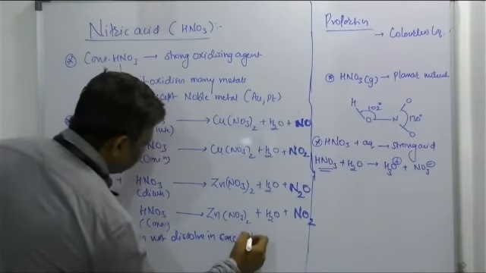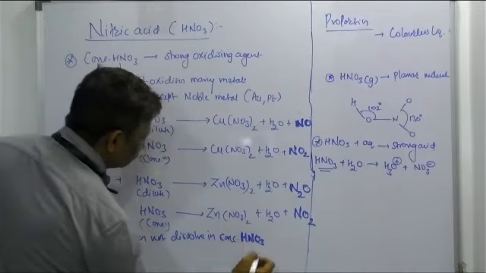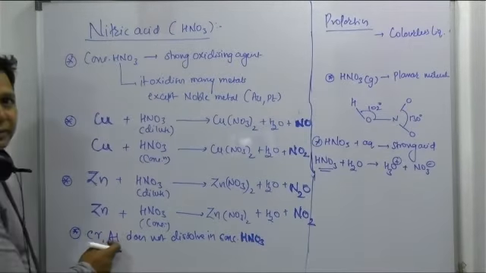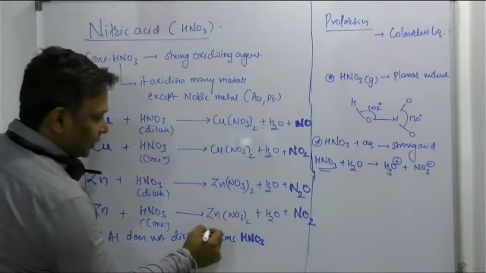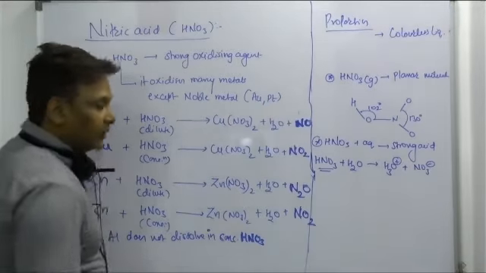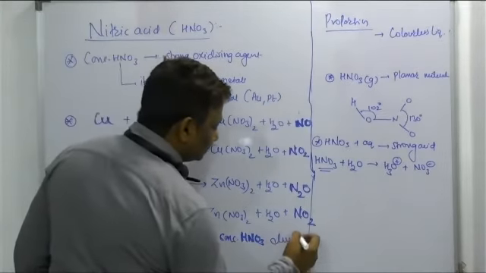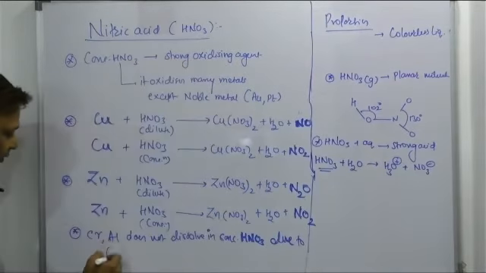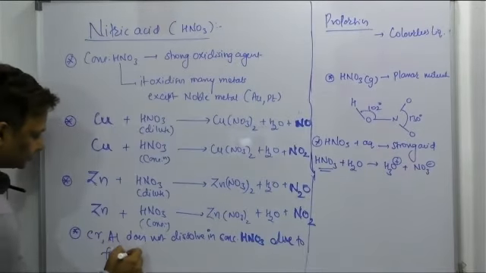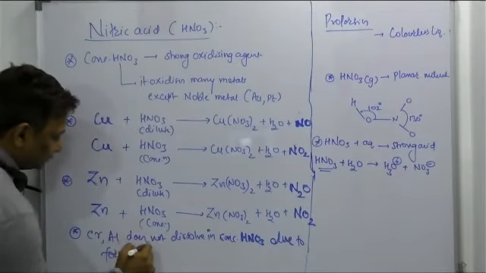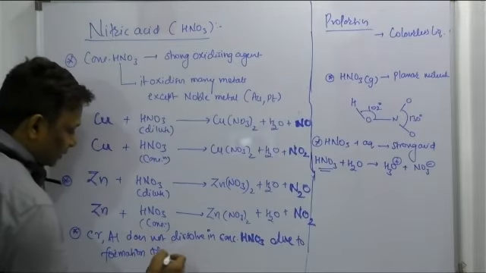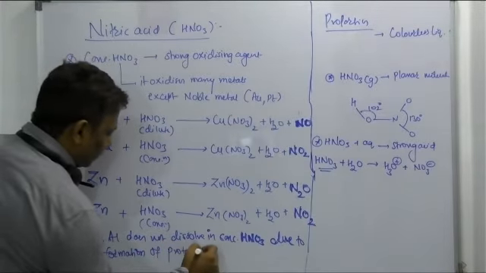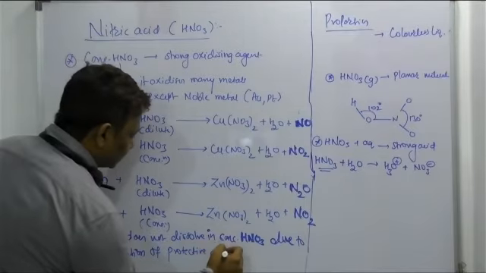Shall I repeat once again? Chromium and aluminium do not dissolve in the concentrated nitric acid. Why? Due to formation of a protective oxide layer on its surface.